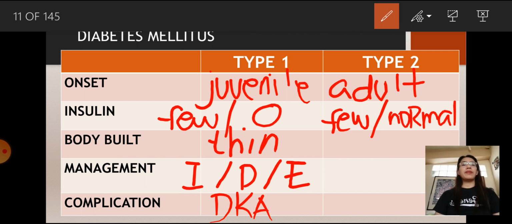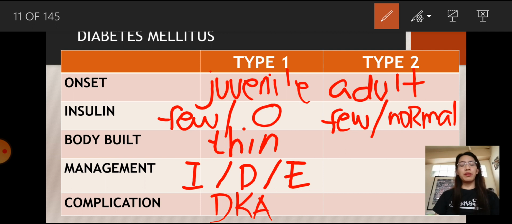Now, some people, kung normal yung kanilang insulin level, maaaring magkaroon pa rin sila ng diabetes kasi nagkakaroon sila ng tinatawag na insulin resistance. It's a condition wherein you have enough supply of insulin kaya lang hindi mo siya magamit ng maayos. Kumbaga resistant na yung katawan mo dun sa insulin na yon. Okay? So that is what's happening in your type 2.